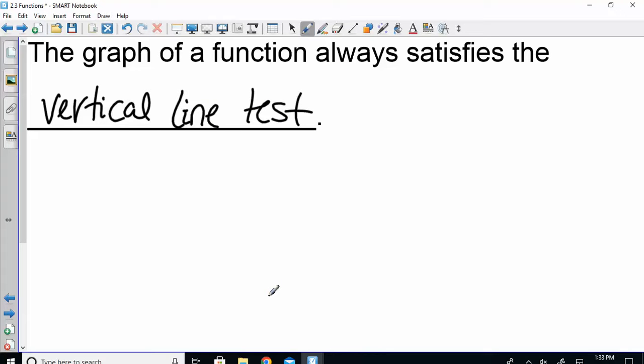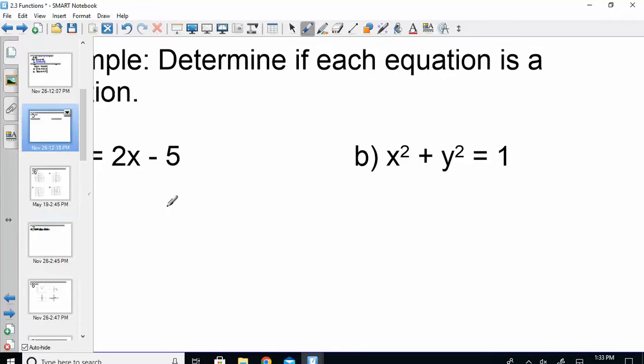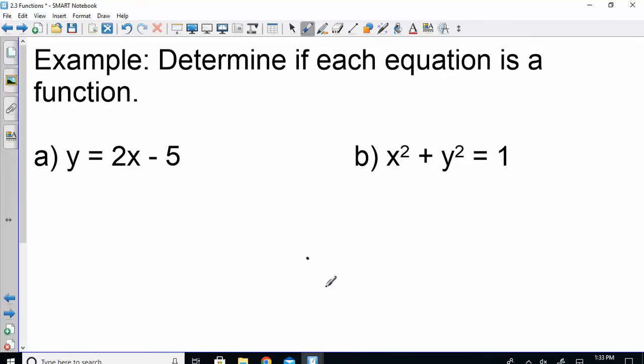So, grab a graph in the calculator and we'll check. If your calculator is showing up, there might be, you're graphing some things in stats.